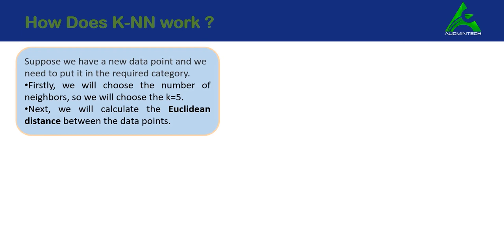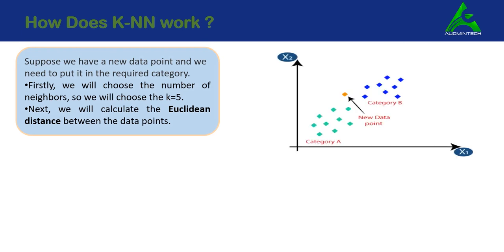Suppose we have a new data point that we need to put in the required category. Firstly, let's say we choose the value of k to be 5. Then next we will calculate the Euclidean distance between the data points.